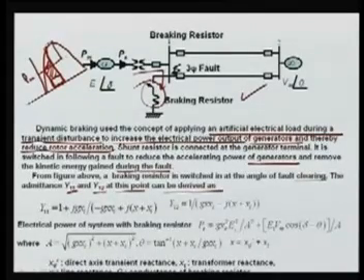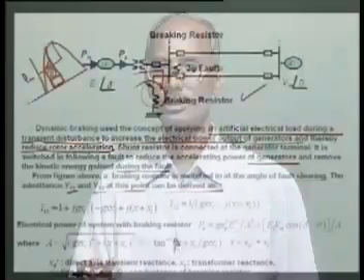I am not going into the mathematical complexity; it is better that we see the effect of this. Simply, we are taking electrical power from here, and thereby reducing the accelerating energy, which means your delta increase is minimized during the fault condition.